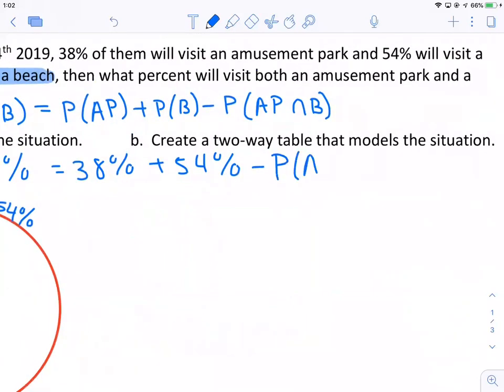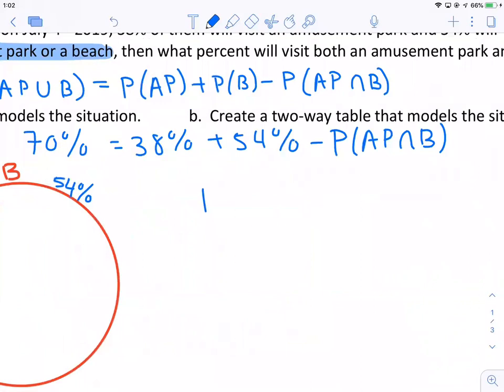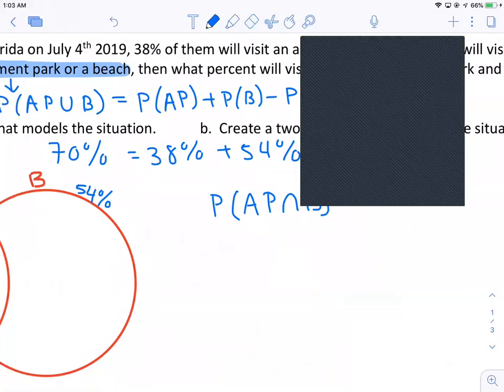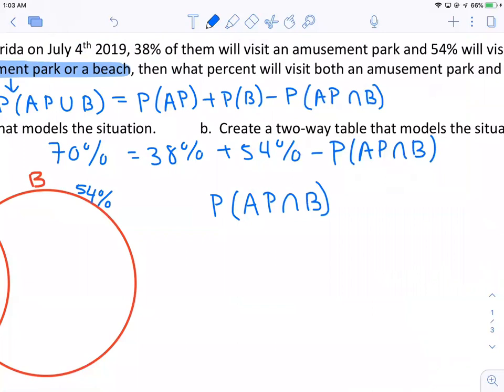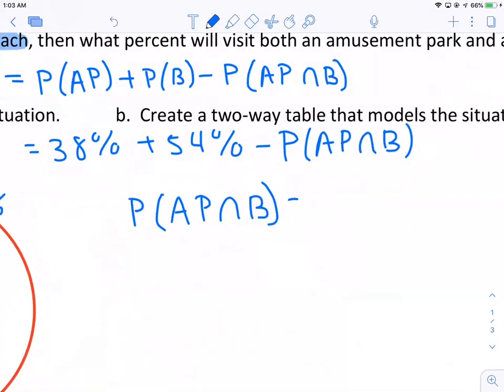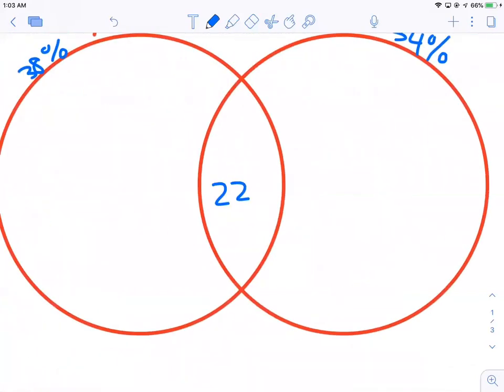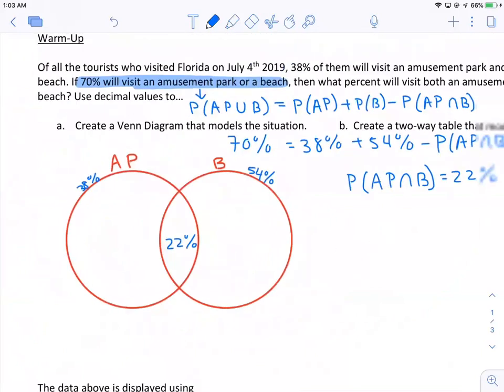So I'm going to solve this simple equation now, and I get that the probability of someone going to both the amusement park and the beach is, let me grab my calculator. Sec, and that is 38 plus 54, 70 minus that result. And I'm getting 22%. And so 22% of people are going to go to both the amusement park and the beach, right?